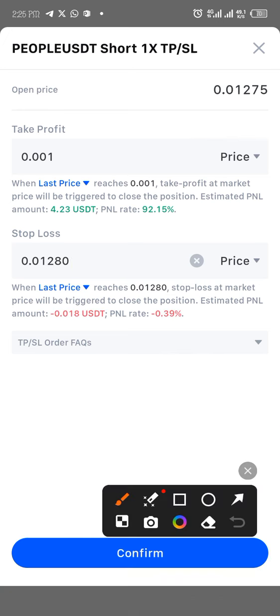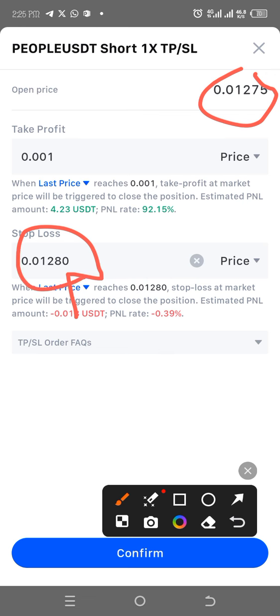So now I'm saying if the market reaches here and keeps going, once it reaches this place, it should take me out of the market. That is why I put it. But if the market reaches here and comes down and reaches here, it should take me out of the market, and I will make $4.